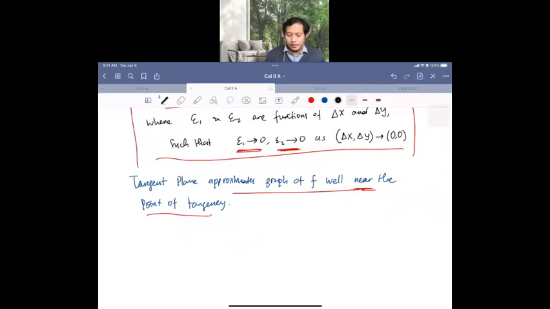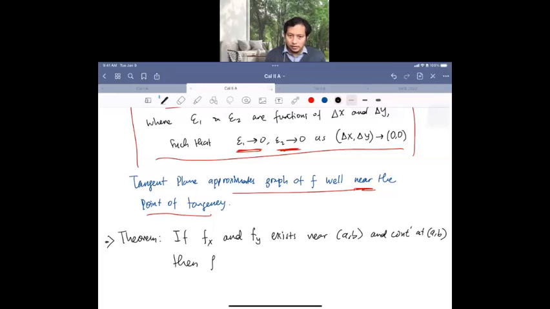Now from this part, we get a new theorem that says that if the partial x and partial y exist near (a, b), the point of our observation, and are continuous at (a, b), then f is differentiable.